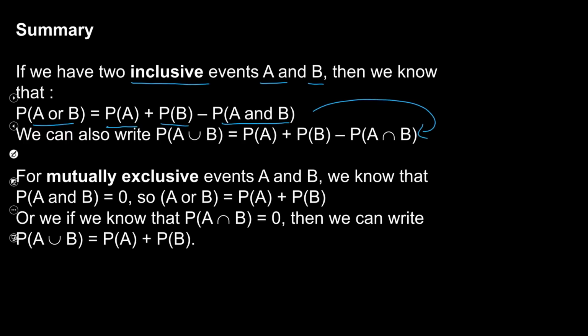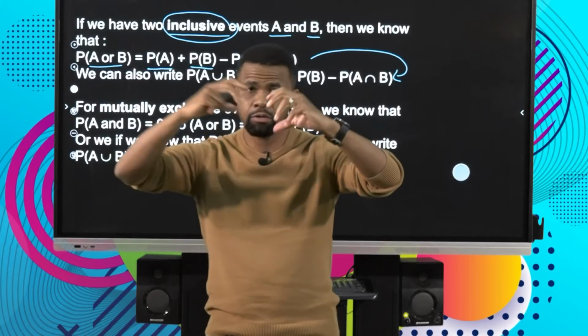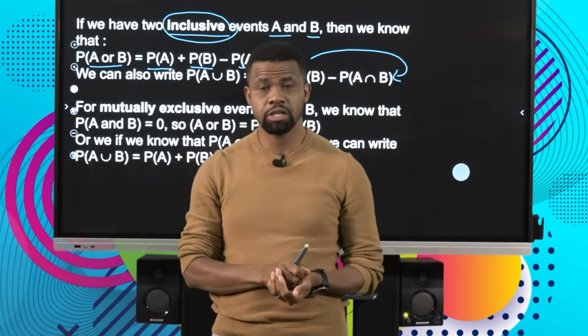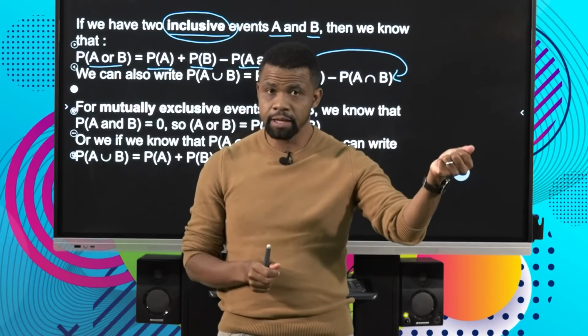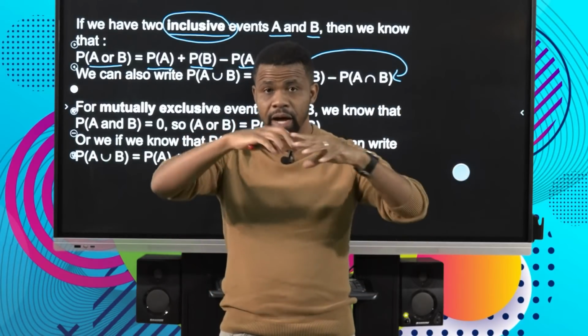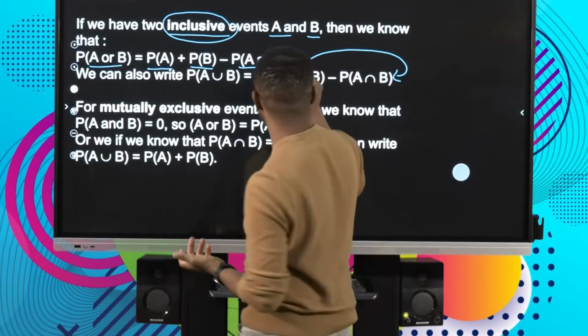Okay. So inclusive, meaning there's some intersection between the two circles. So you have event A and event B. Inclusive, there's some intersection between the two events. Okay. So the probability of A plus the probability of B minus the intersection, which is this part.